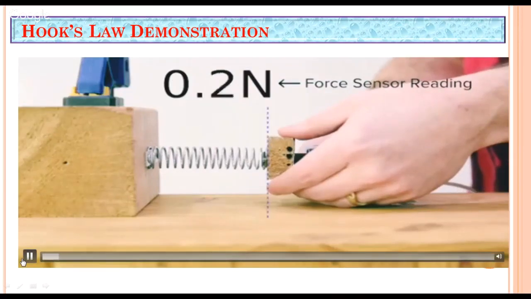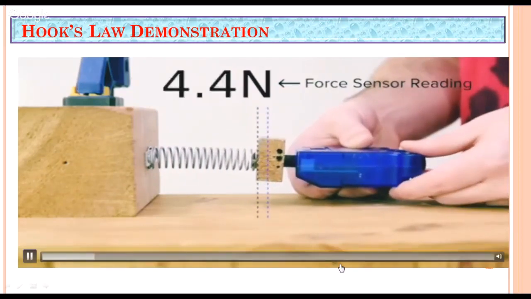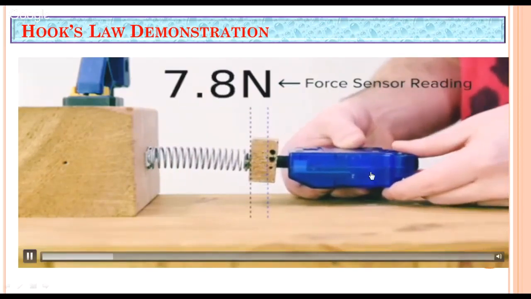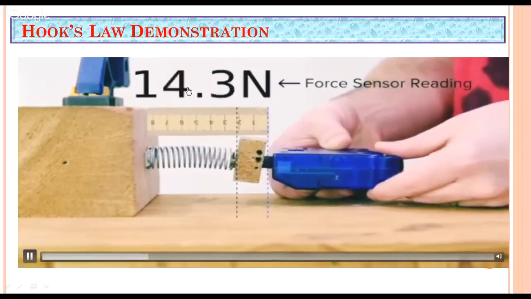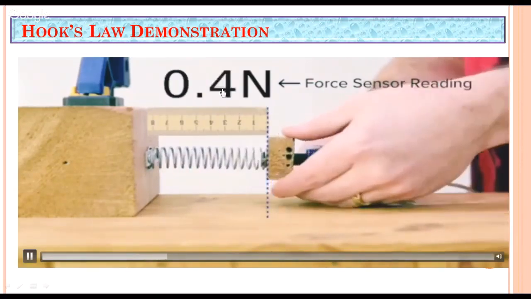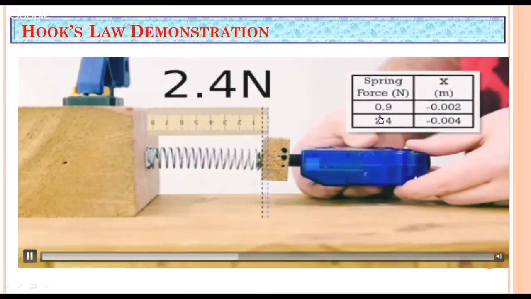Look at this physical experiment setup. Here one force is acting on a spring member. You can see the magnitude of force acting, from 0.5 Newton, 0.9 Newton, and similarly we are observing a linear displacement along the force action direction.